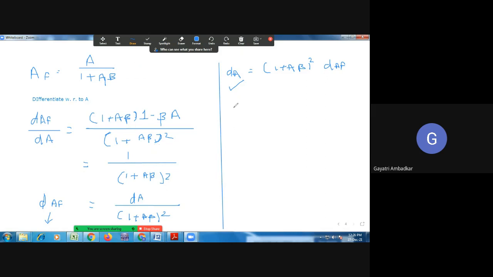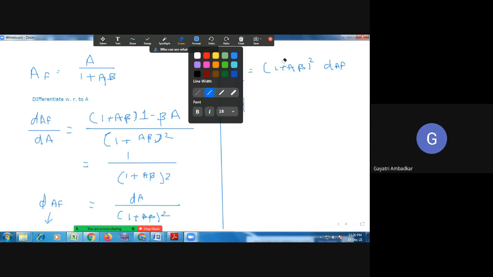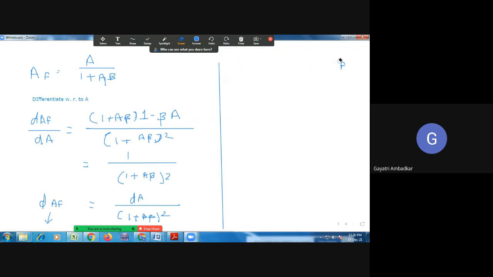Now I will again differentiate. DAF, changes taking place in the amplifier's gain with feedback, is equal to DA, that is changes taking place in the amplifier without feedback, multiplied by mod of 1 upon 1 plus A beta bracket square.